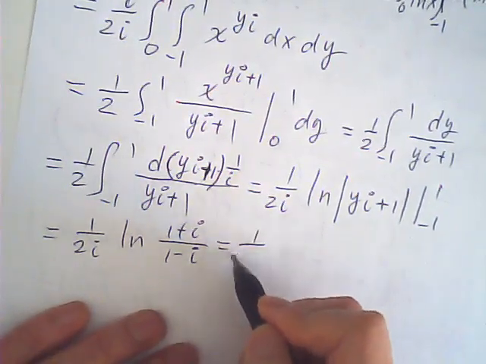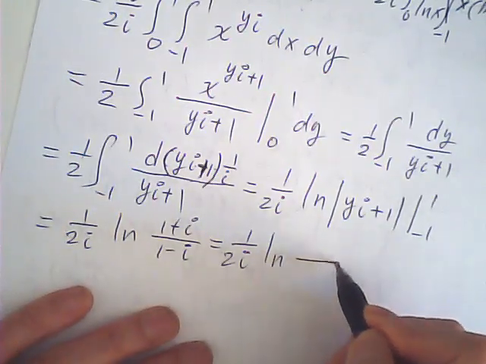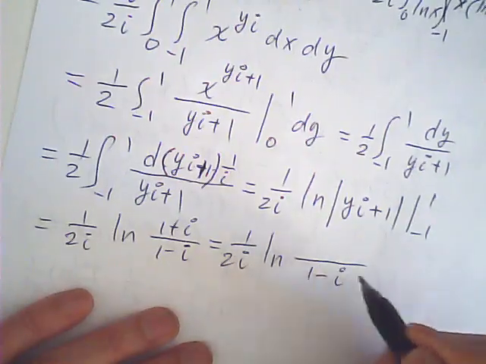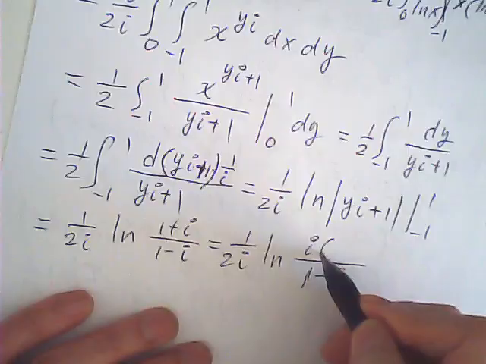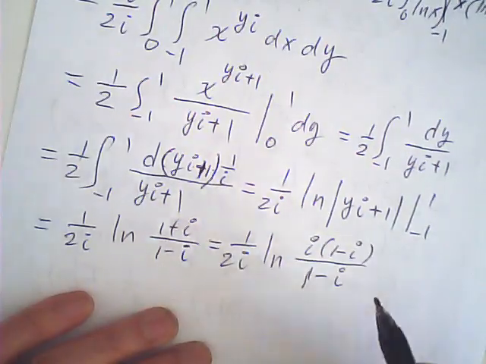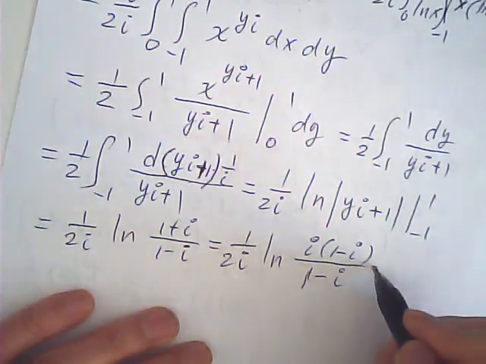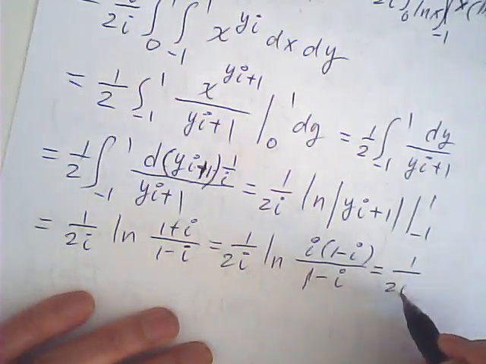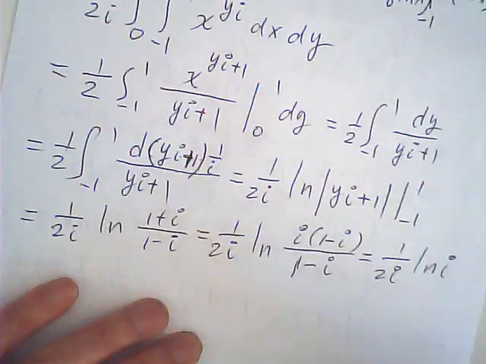And this one is equal to 1 over 2i, log of the ratio. This could be written as i times 1 minus i, this is i, this is 1. So we end up with 1 over 2i log i.